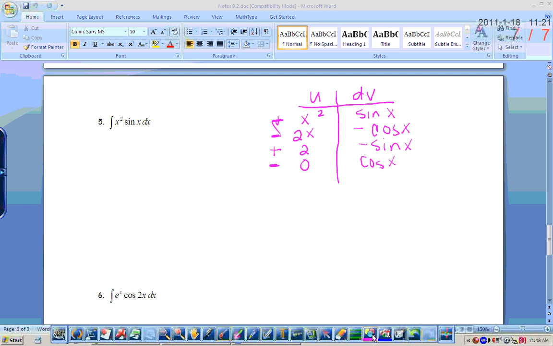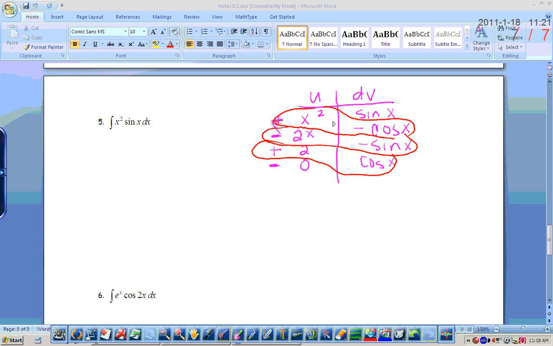Now, I'm going to multiply diagonally, kind of. I'm going to go like this, and then like this, and then like this. And 0 times anything would just be 0. So I'm going to multiply the diagonals and then add all of those together.